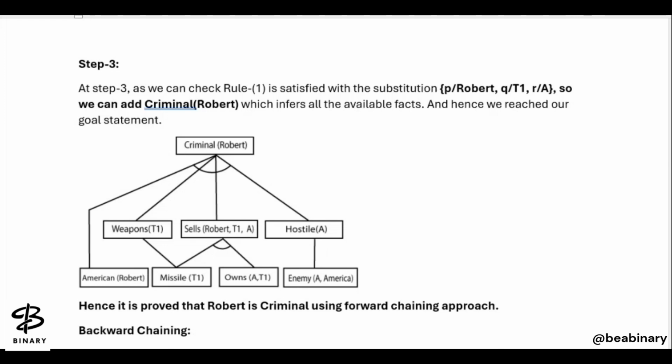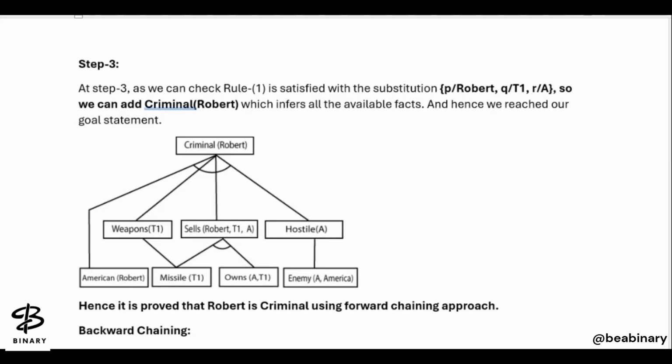Now in step 4, we can infer the facts Missile(T1) and Owns(A, T1) from Sells(Robert, T1, R). Here we satisfy rule 4 with the substitution of A in place of R, which is the hostile.